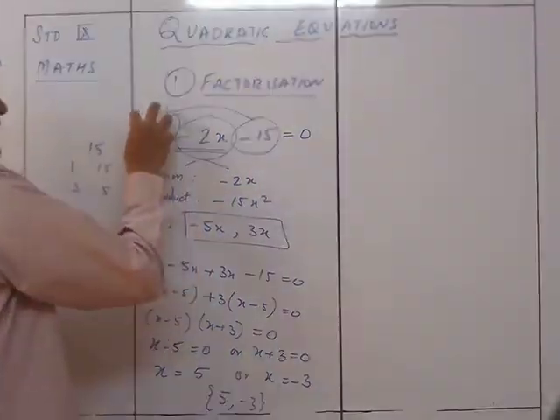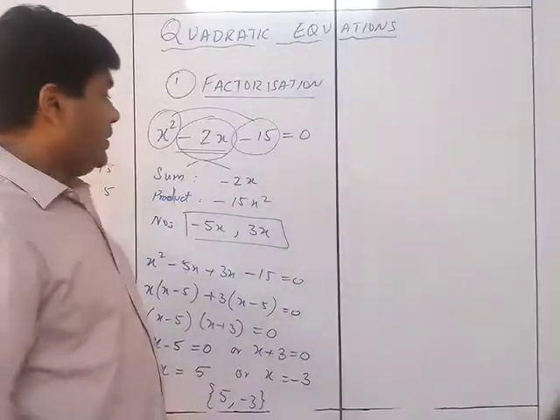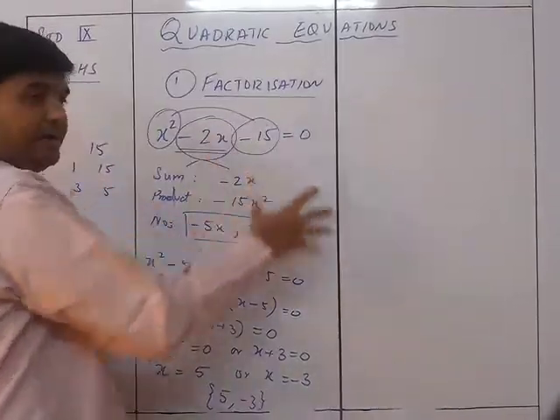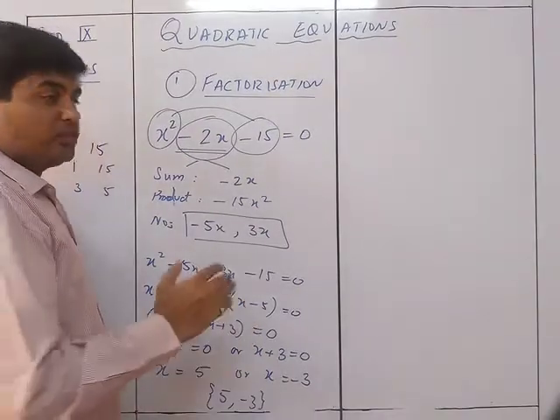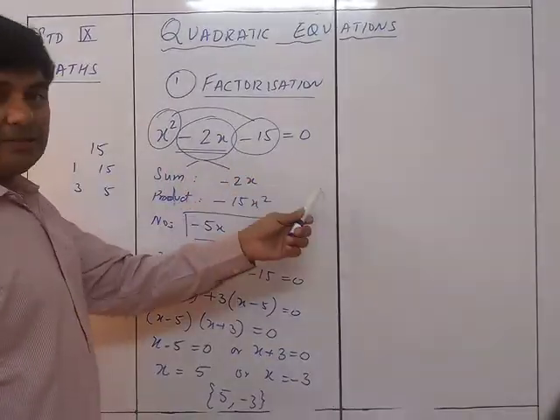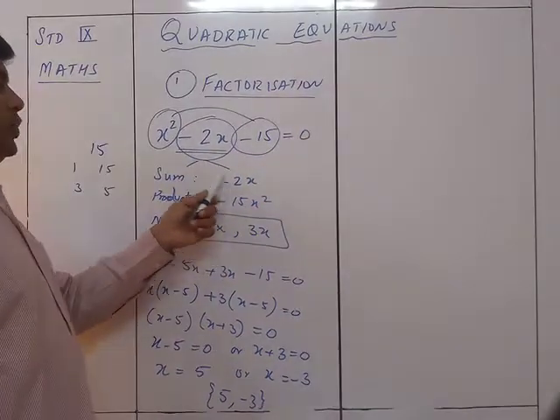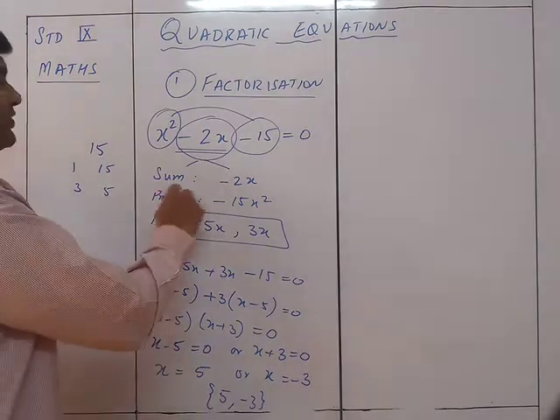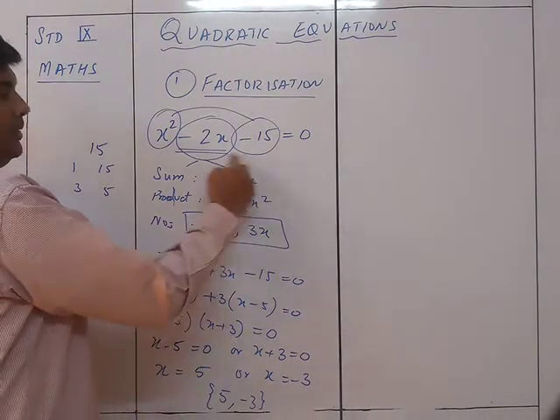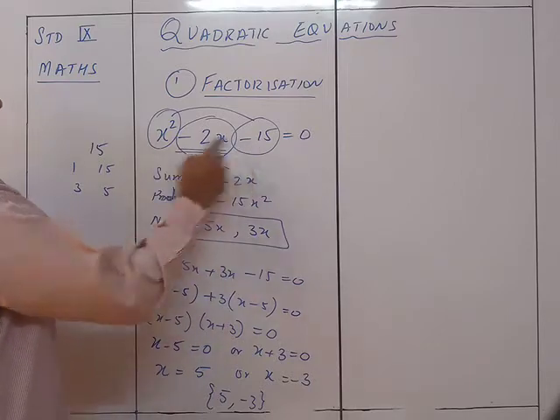So it is ax square plus bx plus c. You have to have it in that format. You cannot take this over here and split 15 into two parts. No. You'll always go in the descending order of the degree. X square, then x, and then nothing. The middle term is going to be split into two parts such that the sum of the two terms will be the middle term and the product of the two terms will be equal to the product of the first and the last term.